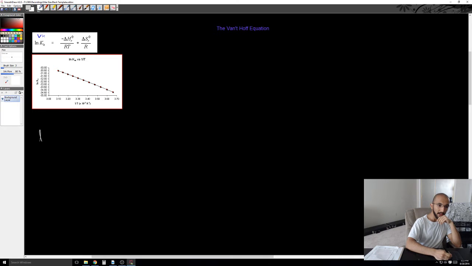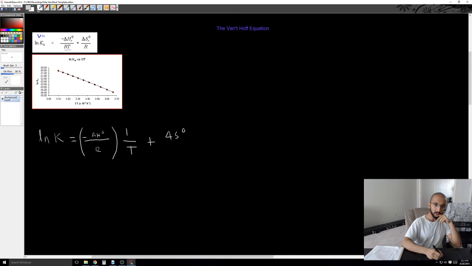So I write it again: ln K is equal to, I hope you can see that I can break up this term into negative delta H standard over R, and let's look at that as a term on its own, times 1 over T, plus delta S standard over R. So the question is, what makes this equation so useful?